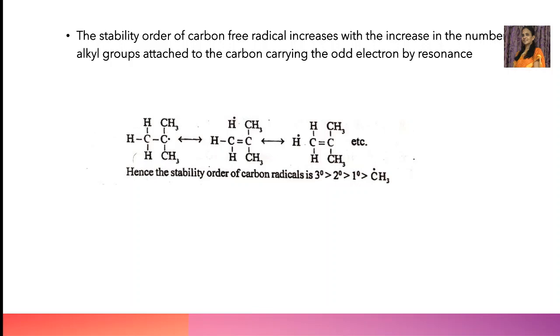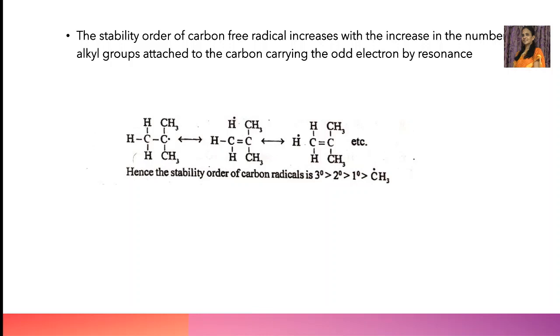So if we consider tertiary, secondary and primary free radicals, the tertiary free radical has 9 hydrogens, so more resonance structures, more stable. The secondary free radical has 7 hydrogens, fewer resonance structures when compared to tertiary, and is less stable.